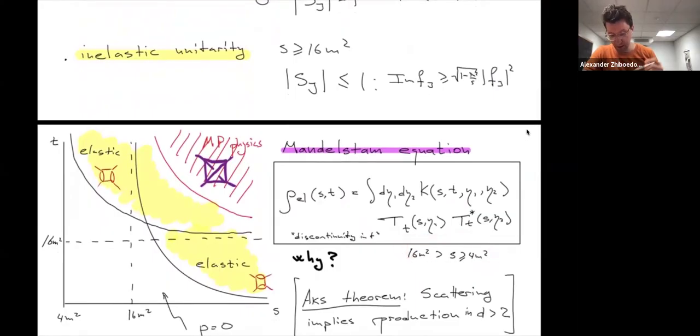It uses analyticity in this second variable t to derive it. And it expresses the double spectral density as the integral of some kernel, in fact a positive kernel, times the discontinuity. So this little label t, I use it as a discontinuity in t.